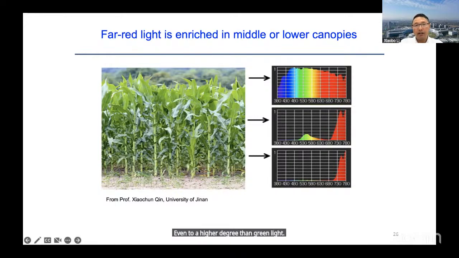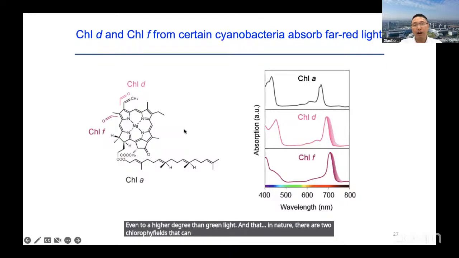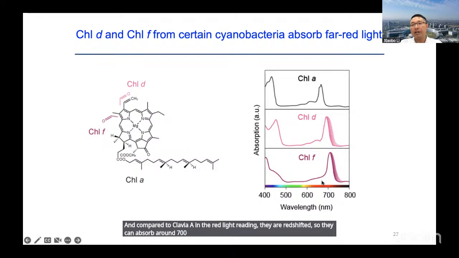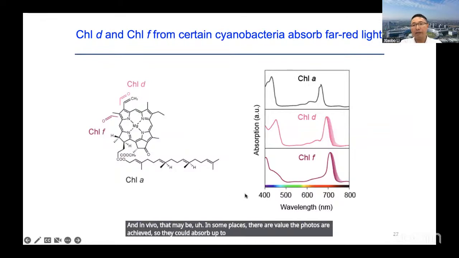In nature, there are 2 chlorophylls that can harvest far red light, chlorophyll D and chlorophyll F. They are both from specific cyanobacterial groups. Compared to chlorophyll A in the red light region, they are red-shifted, so they can absorb around 700 nanometers in vitro. And in vivo, in some places, there is a further red shift, so they could absorb up to 730 or 750 nanometers.